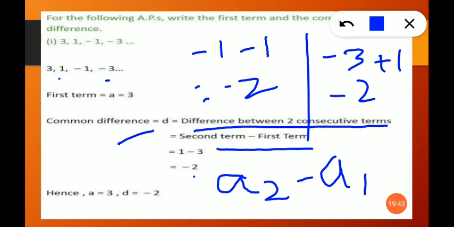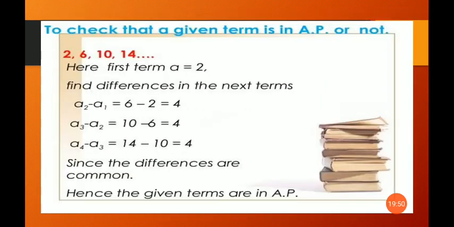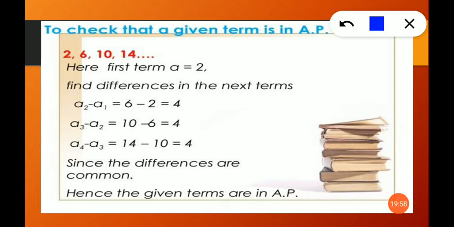Understood how to find the common difference? Okay, I hope there is no doubt in this. Next, to check whether a given list is in an AP or not, we first have to find the difference between all the consecutive terms.